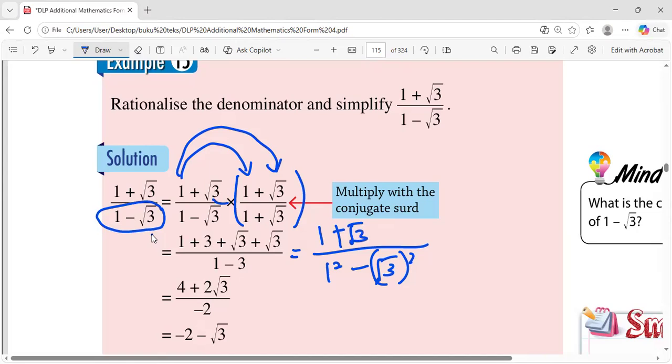And for the other one, every term is multiplied two times only, not more than two times. This one gets 1, this one gets 3. So 1 plus 3, I get 4. And surd 3 plus surd 3, I get 2 surd 3. It's not multiplication. So I will get the answer.